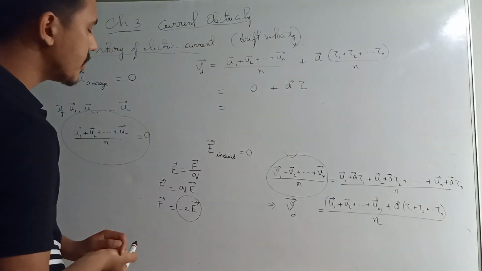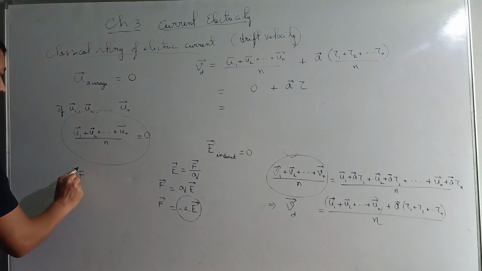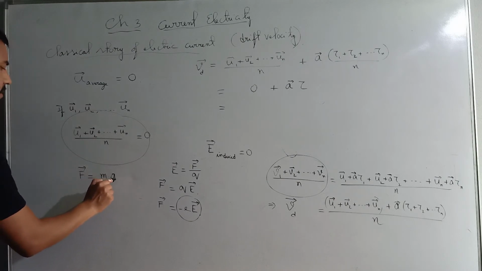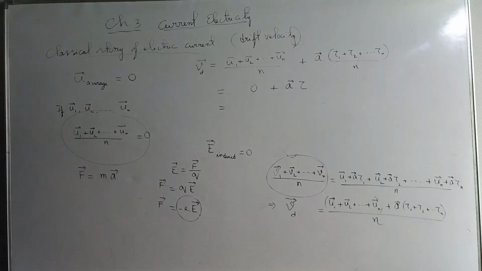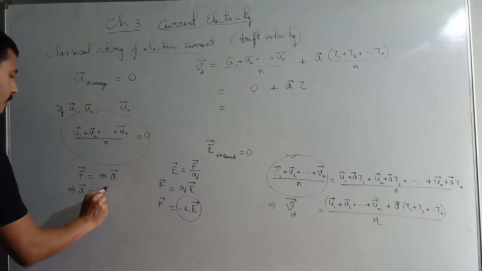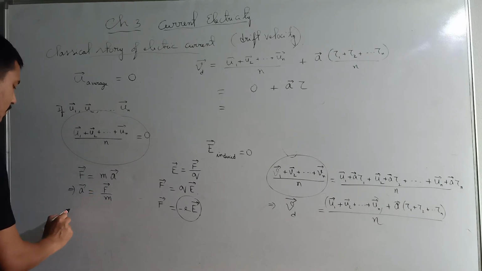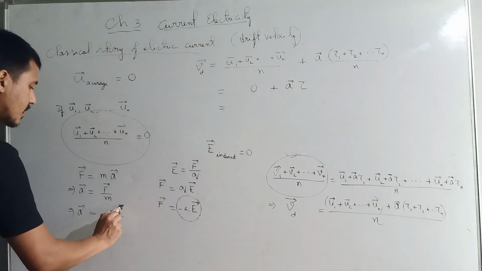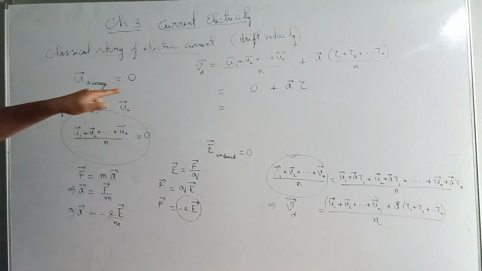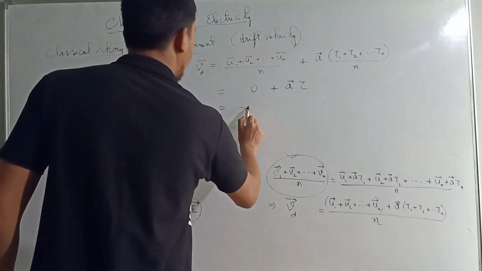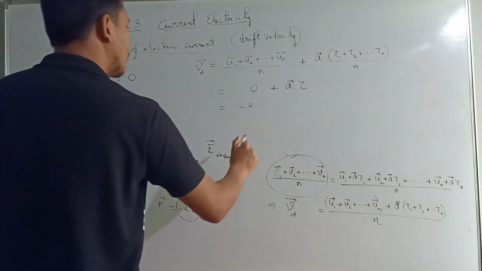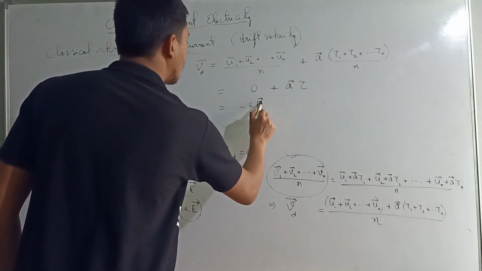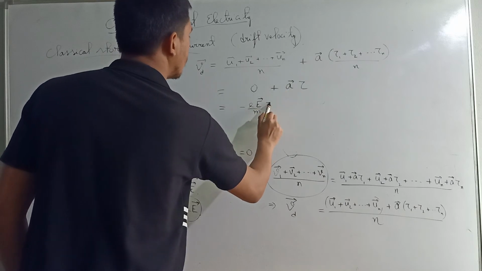According to Newton's second law, force is equal to mass times acceleration, where m is the mass of the electron. Then acceleration will be given by force upon mass. What is the force? Minus e times E. So the acceleration will be minus e, the charge of an electron, times E upon m, times tau.